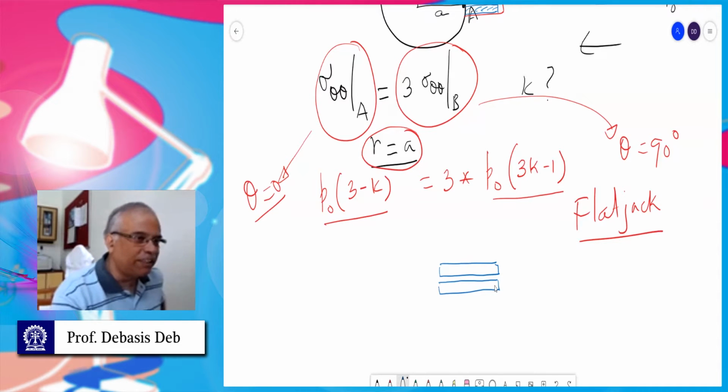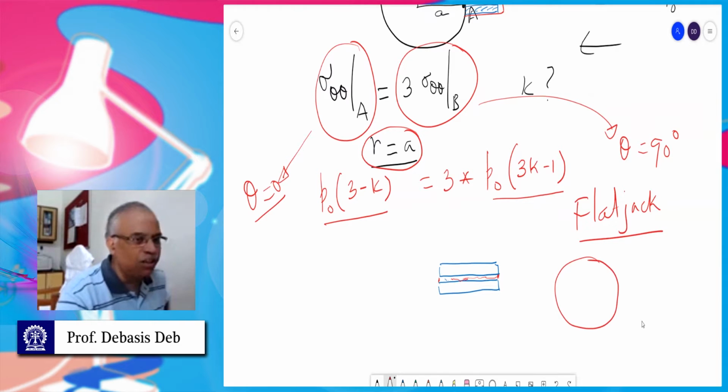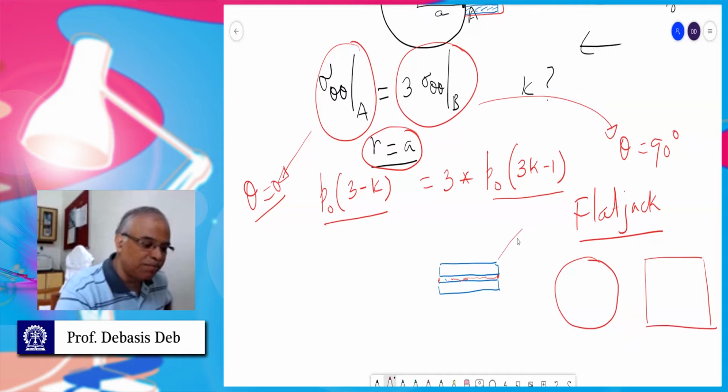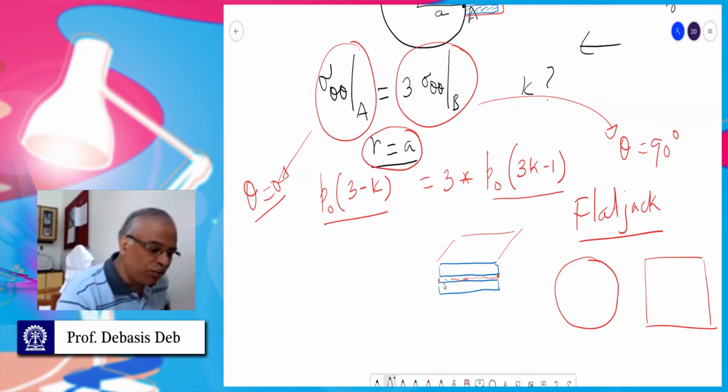It is not a cylinder, it is a plate, and inside here is basically the fluid, and this will be perfectly sealed. So this may be circular shape if you see it from the top, or it may be square or rectangular. Okay, it may be like this also. You see from the top. So inside there is a fluid.